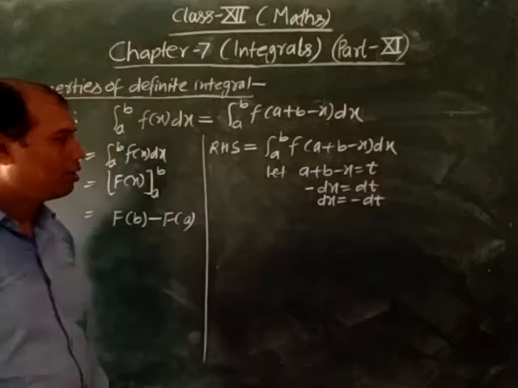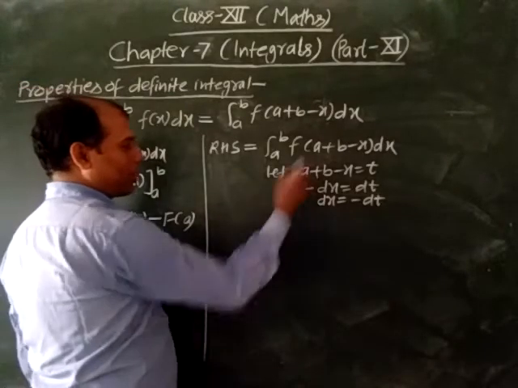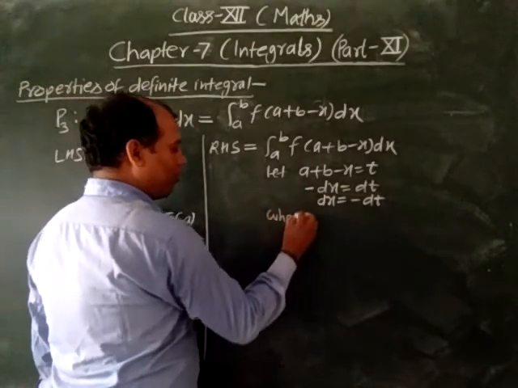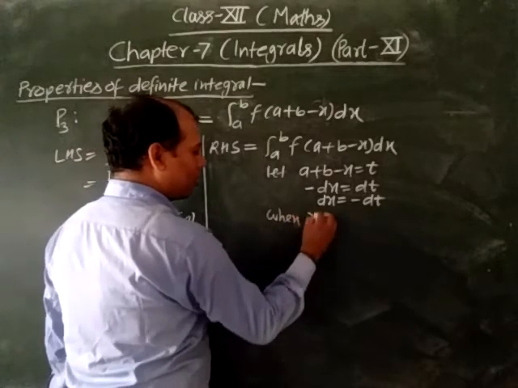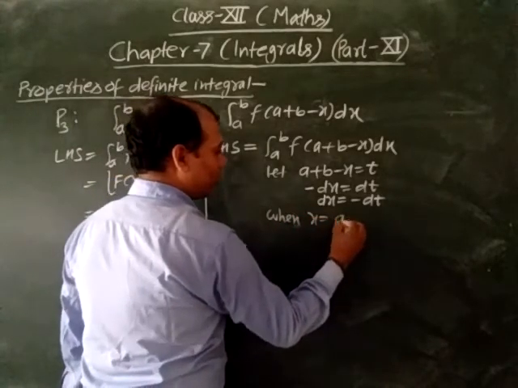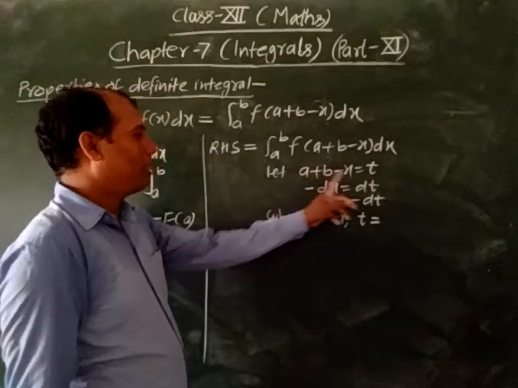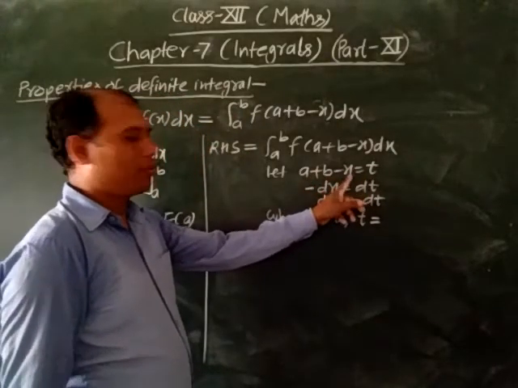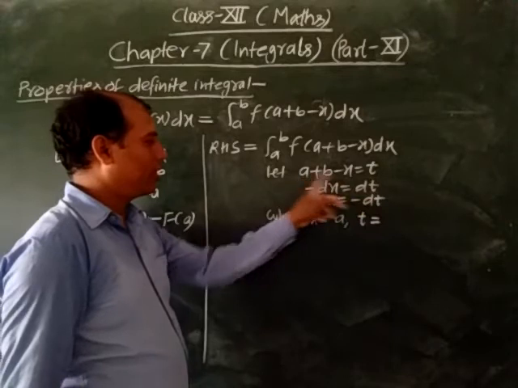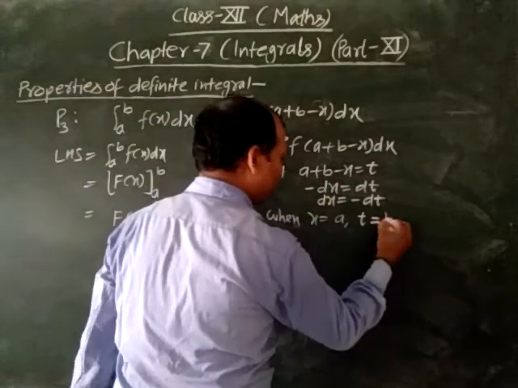Now we change the limits for the variable t. When x equal to a, the value of t is, we put a in place of x, so a cancelled out, we get b.